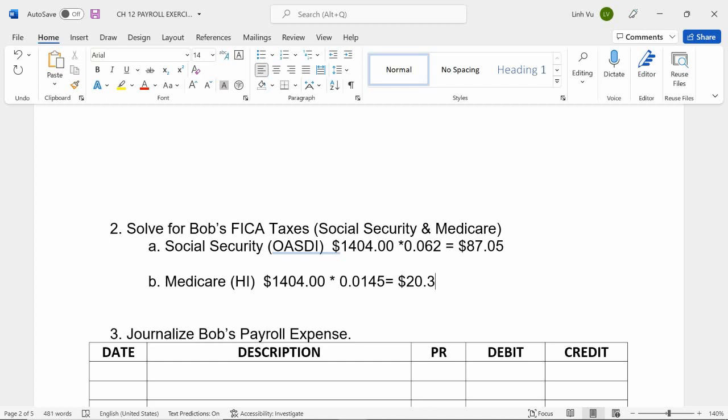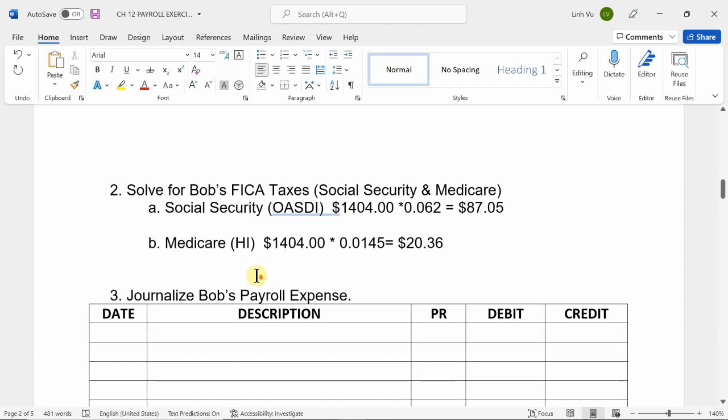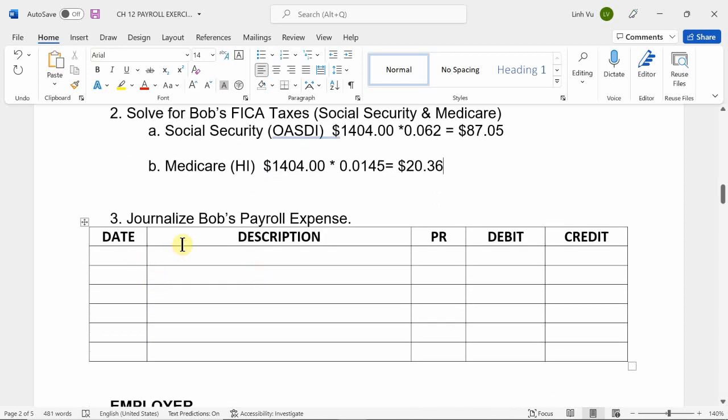Your number is 20.358. We rounded. Correct? Yes, but what number are you rounding? You're not rounding to 20.3, you're not rounding to 30 cents. Okay, 20.36. Thank you. Okay, so there you go. You've got your Social Security and Medicare. $87.05 and $20.36. So how am I going to journalize this?